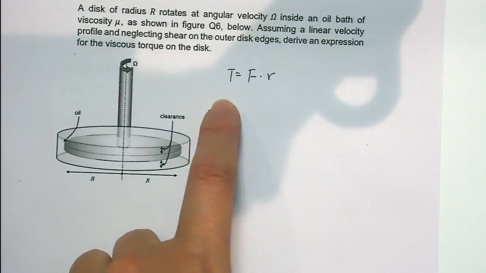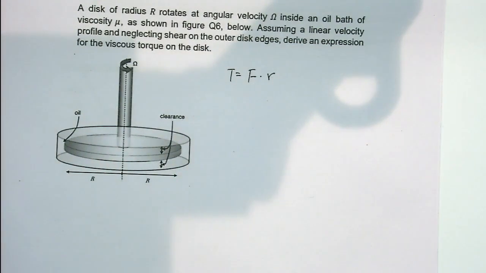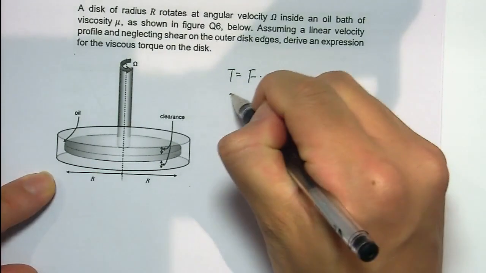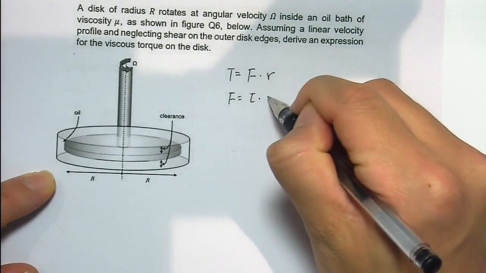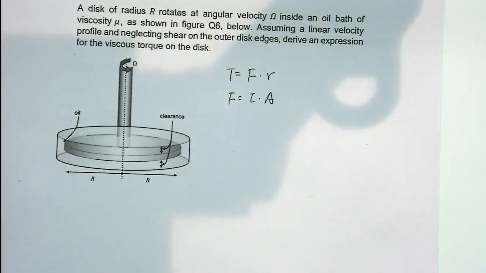And the force is the viscous force. The shear stress will generate the viscous force, and the definition of the viscous force is the shear stress multiplied by the area.